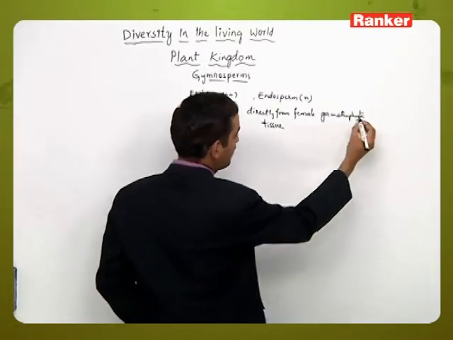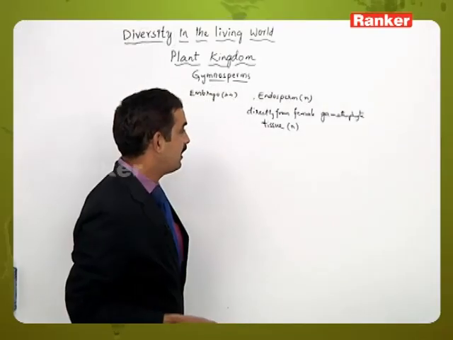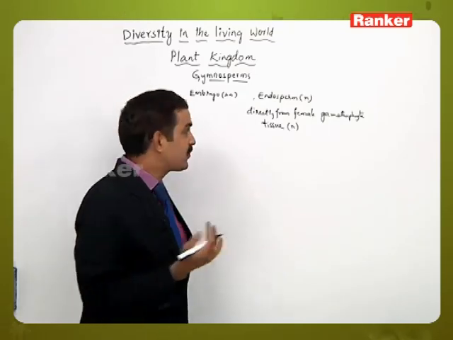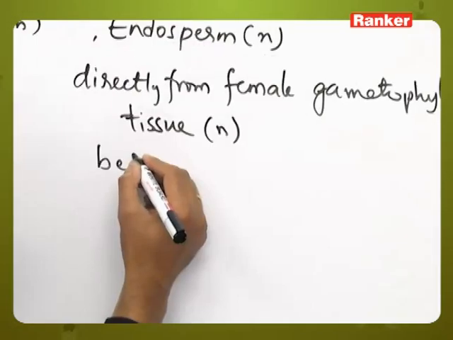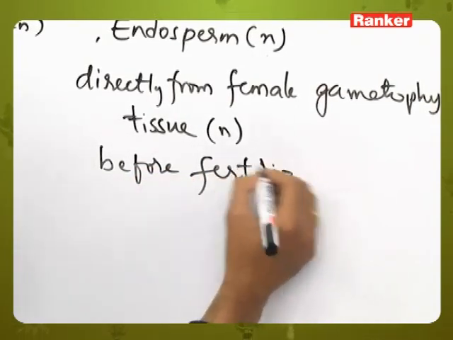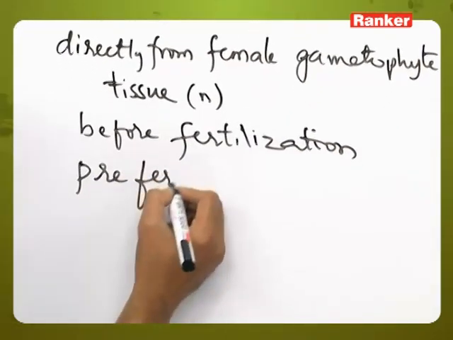And as we know, a female gametophyte is haploid in its nature, and there is no fusion here, and it is formed before fertilization. That's why we call it a pre-fertilization product.